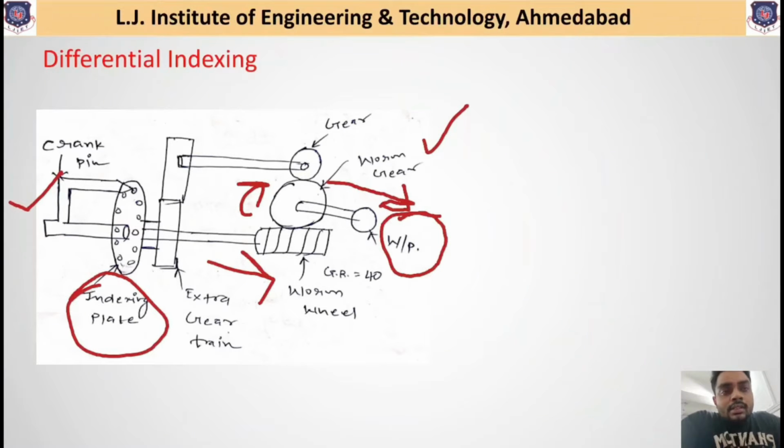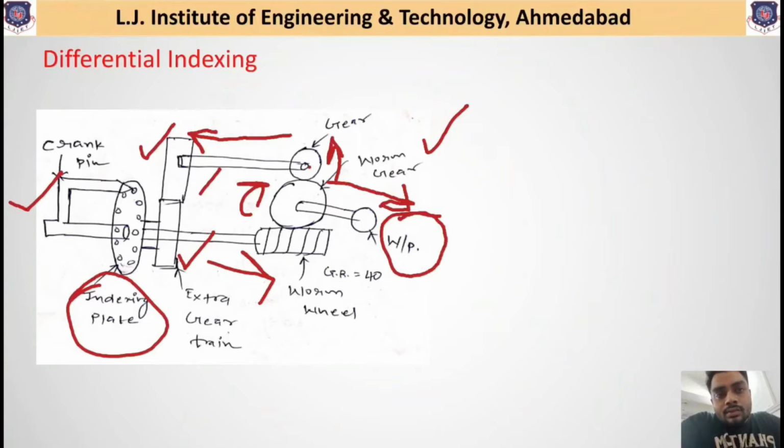And with the rotation of the workpiece, there is also a gear connected, and this gear will also rotate. This gear is connected to the gear train, and the gear available at this gear train, because it is directly coupled to this gear train through this shaft, this another gear will also rotate, and this gear transmits power to the last gear which is directly connected to the indexing plate.